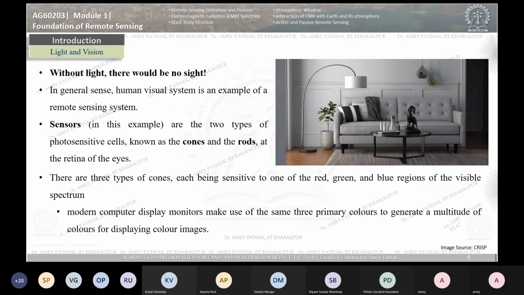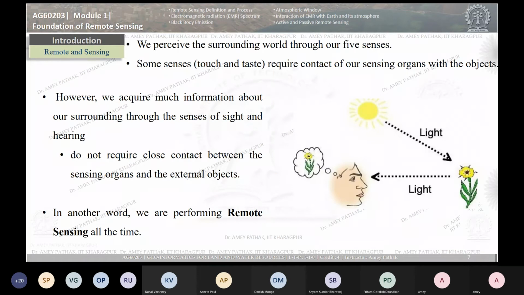We see the objects because light falls on them, and depending on the property of that object, that light is reflected, and that reflected light is received by our sensor, meaning our eyes, and based on that, in our brain we interpret what kind of object it is.